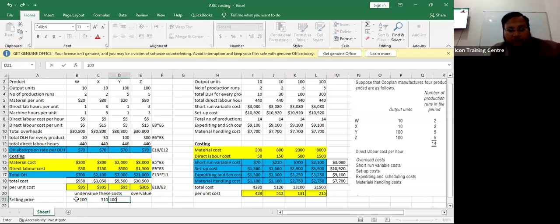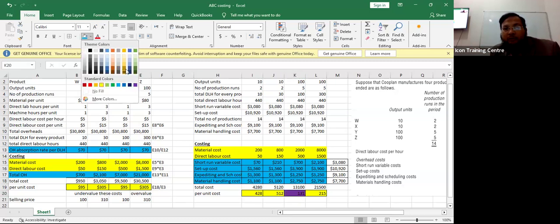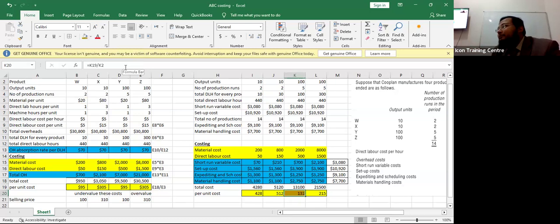But in fact, if we estimate the selling price on the basis of absorption costing, it will give us misleading figures. Because in fact, your products W and X are consuming more cost. And Y is the one which is consuming less cost.